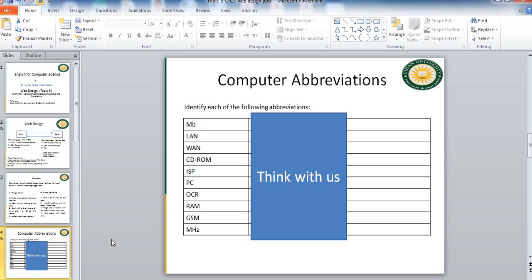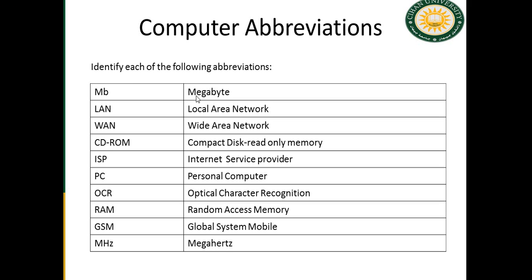Now if I put this on full screen, we are going to see. Now it's full screen. MB means megabyte. LAN stands for local area network. WAN means wide area network. We saw that during topic 1.